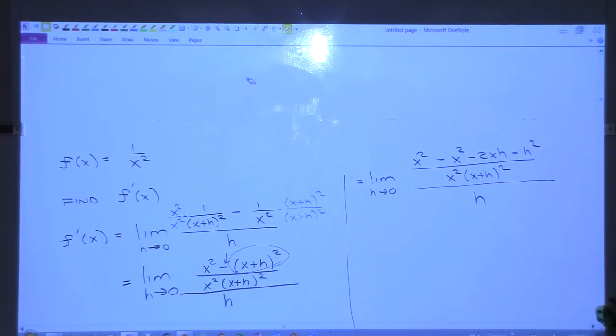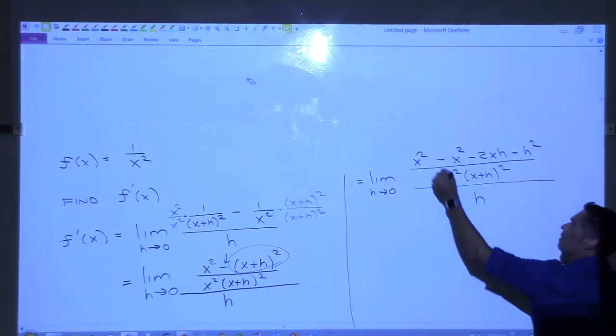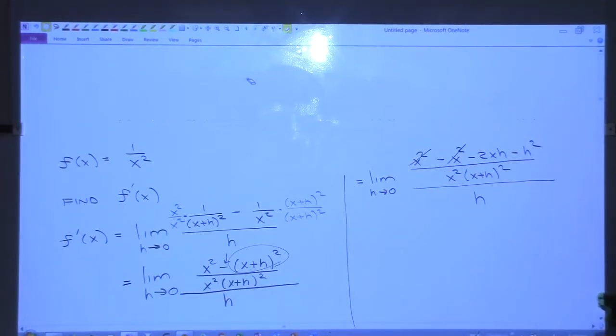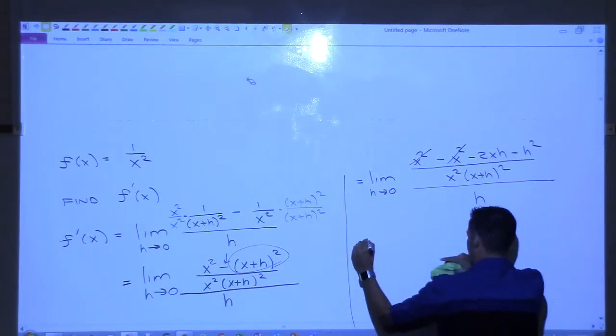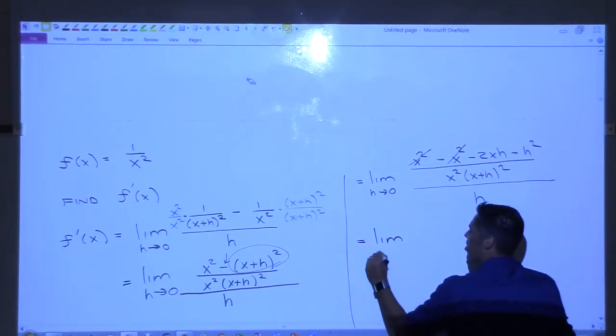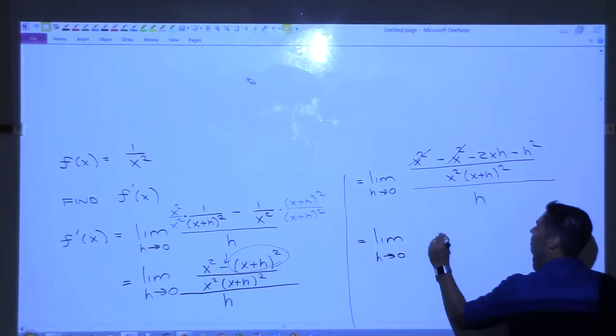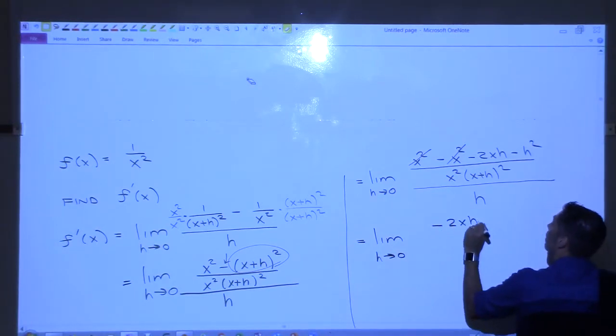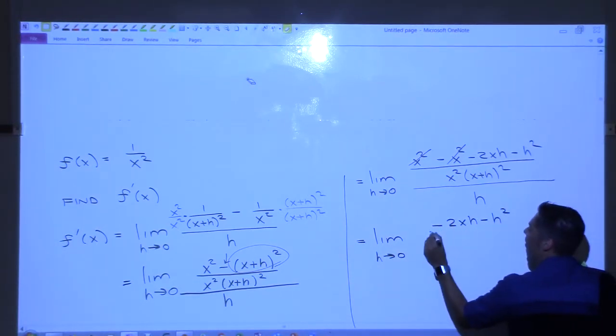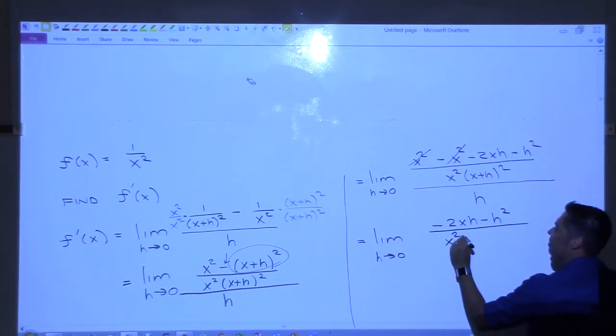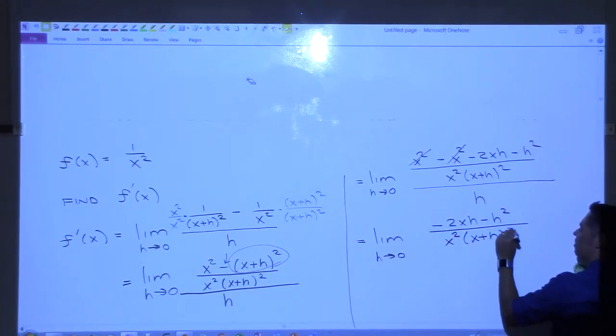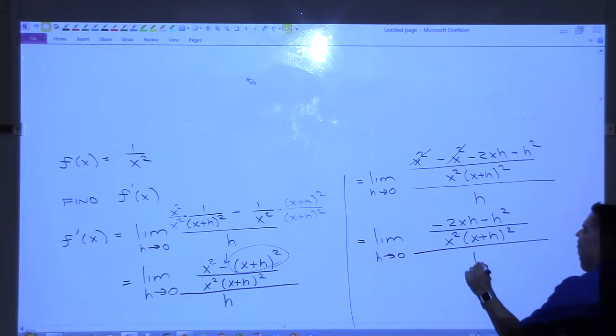And I told you last class, if you do it right, you should eventually get to a point where you can see an h, like every term on the top should just have an h in it so you can factor it out. Do y'all see it? The x squareds are going to cancel. So I'm going to write a little bit more. I know this kind of wastes paper, I guess, if you want to argue that this is showing too many steps, but just clean that up.